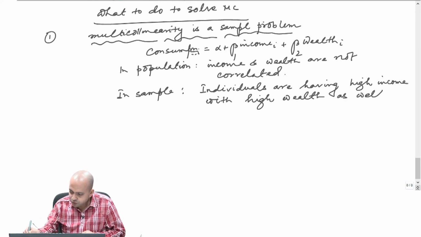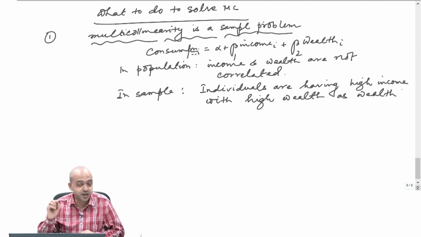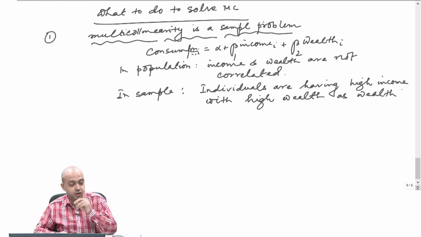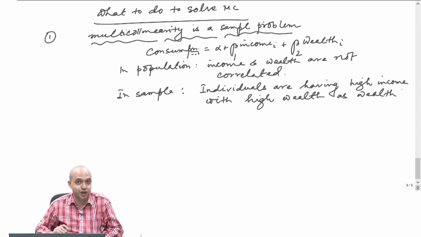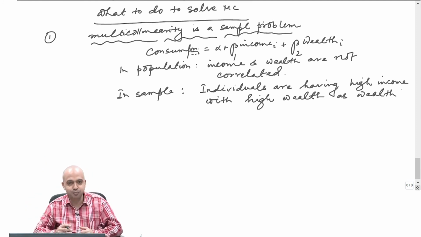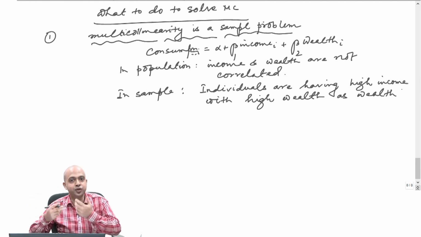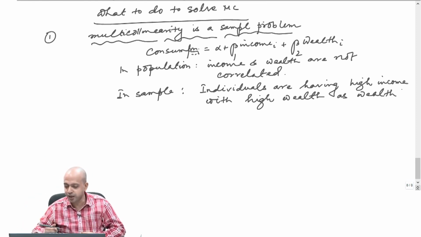So, even though in the population we assume income and wealth to be not correlated, because that is how consumption function theory says that consumption depends not only on an individual's income but also wealth, when we collect a sample, it may so happen that individuals are having high income with a high amount of wealth as well.